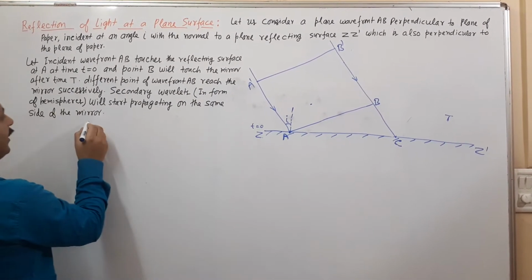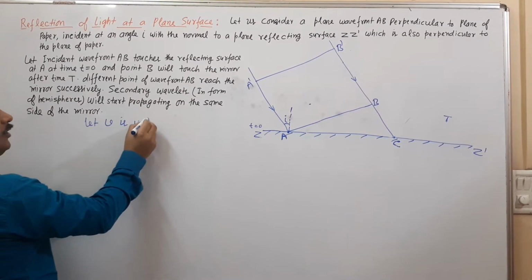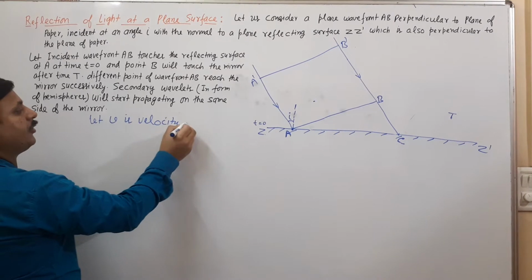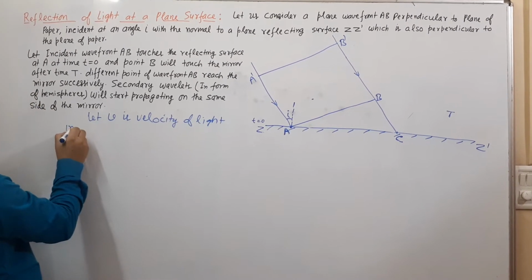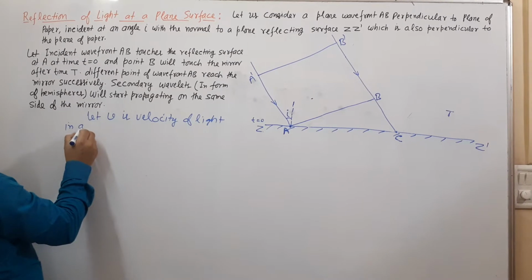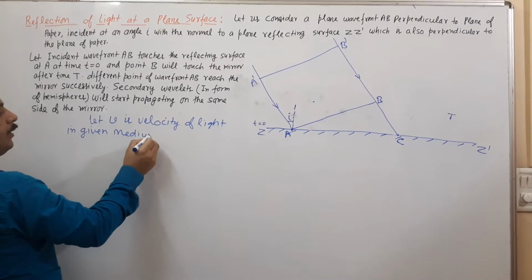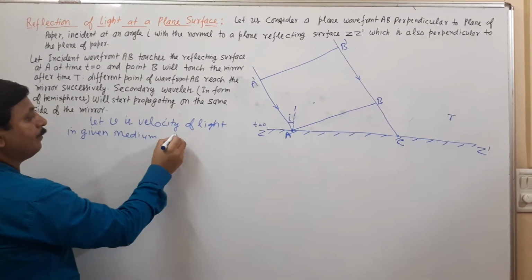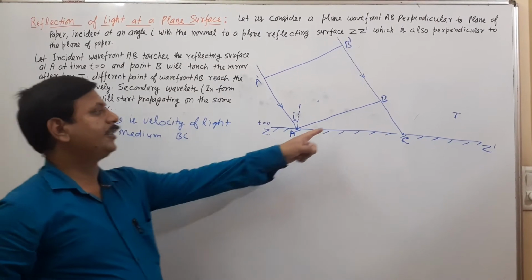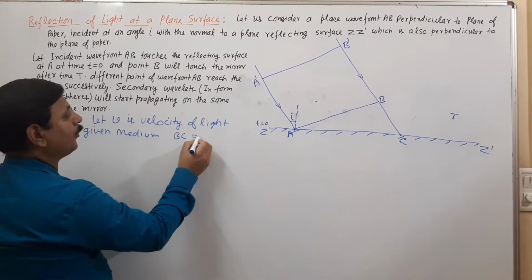Let v be the velocity of light in the given medium. If v is the velocity of light, then the distance BC is velocity times time, so distance BC is equal to v into t.